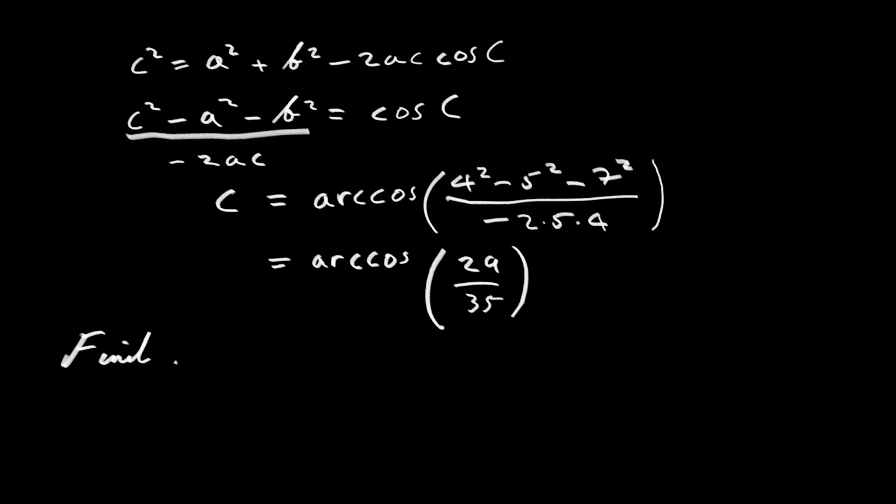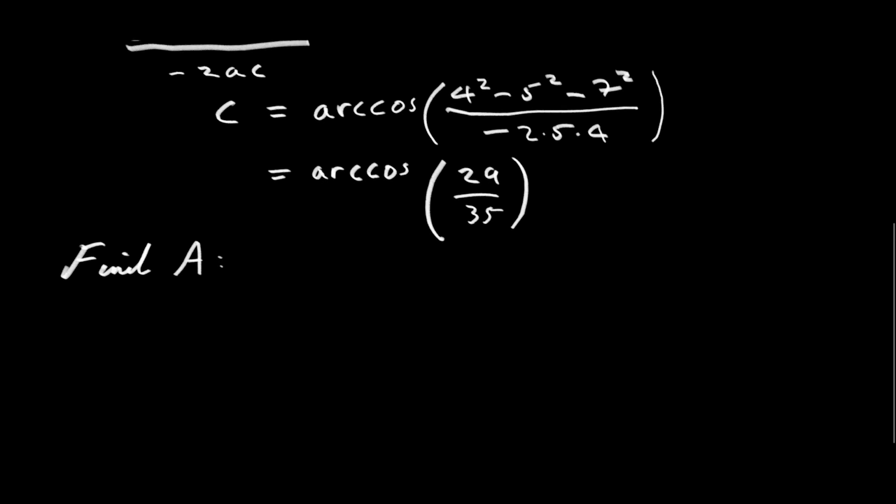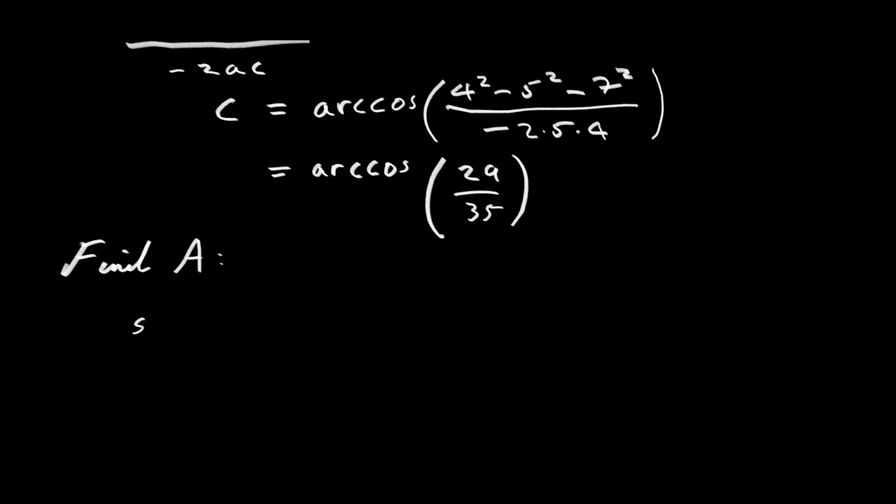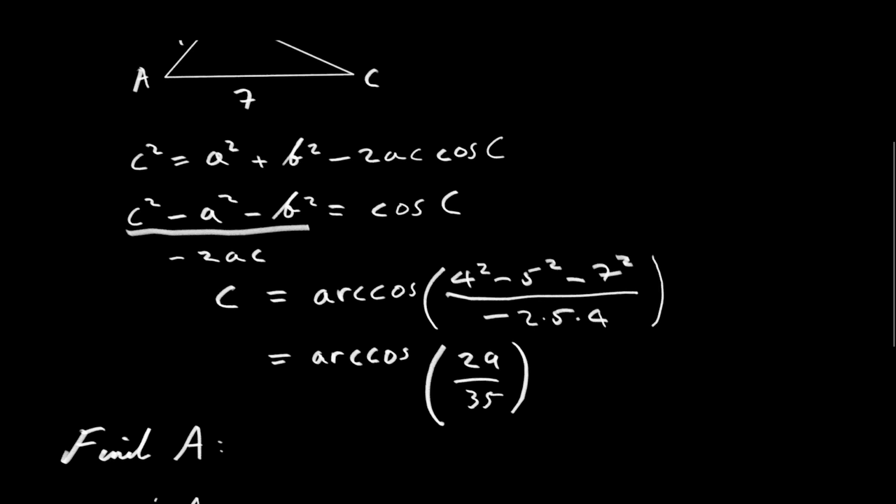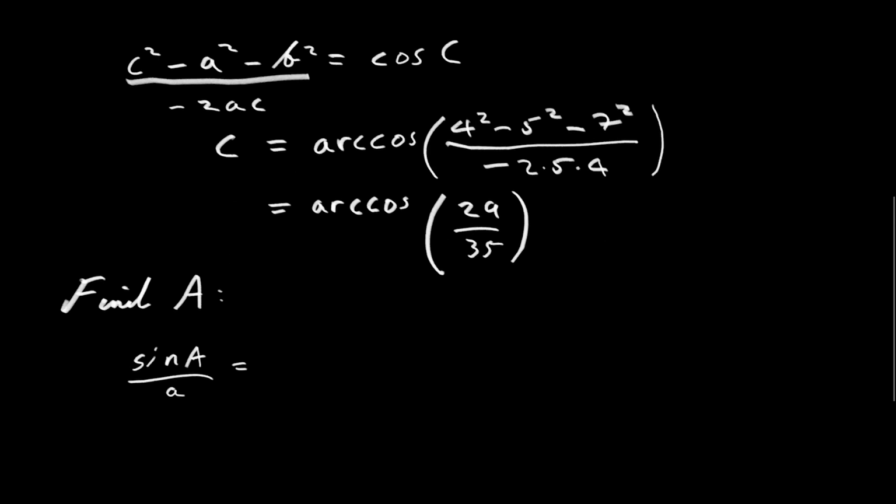What I will do is suppose that we are asked to find A, and I will use the sine rule. Just to give you an example of the sine rule in use, we would write the sine rule like this: the sine of A over the side length a equals, well, we know one of the other angles now, which is C. We only know one of them.